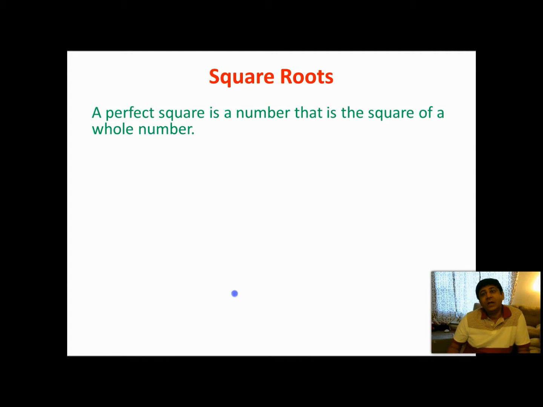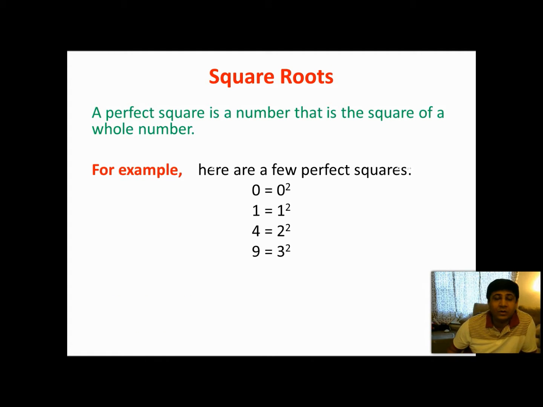Now let's see a little bit more about square roots. A perfect square is a number that is the square of a whole number. Here are a few perfect squares. 1 is the perfect square of 1. If you take the square of 2, you get 4, so 4 is the perfect square of 2. If you multiply 3 with itself, it gives you 9, so 9 is the perfect square of 3.